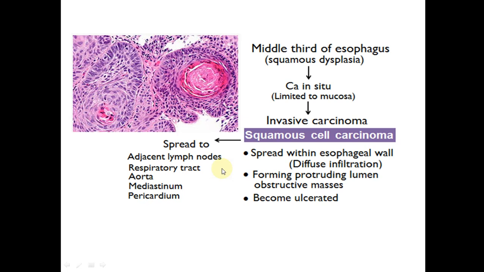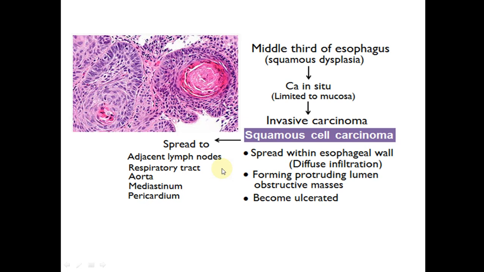the respiratory system. Sometimes the tumor may invade the aorta, particularly the aortic arch, which is close to the middle constriction that is present in the esophagus.